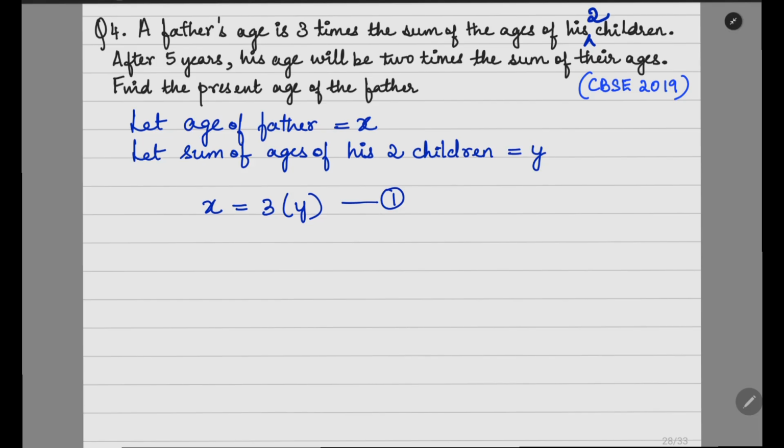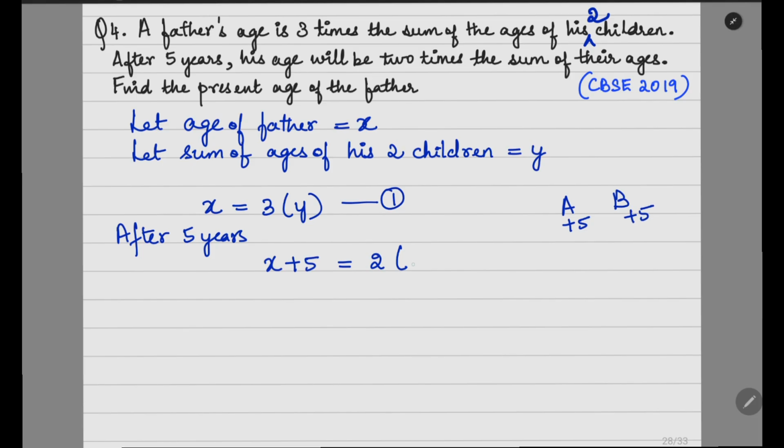And after 5 years, okay, what is given? After 5 years, what will be his age? It will be X plus 5 will be equal to 2 times the sum of their ages. So if you have two children, A and B, the sum of the ages Y, each child's age will become plus 5 after 5 years.